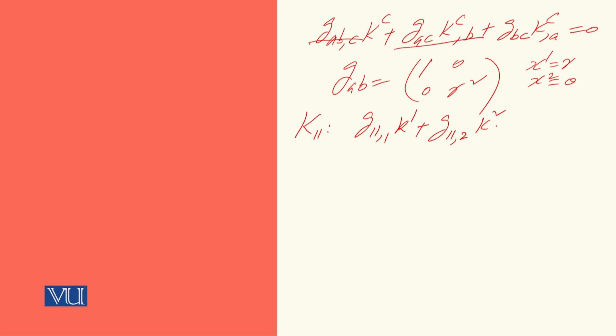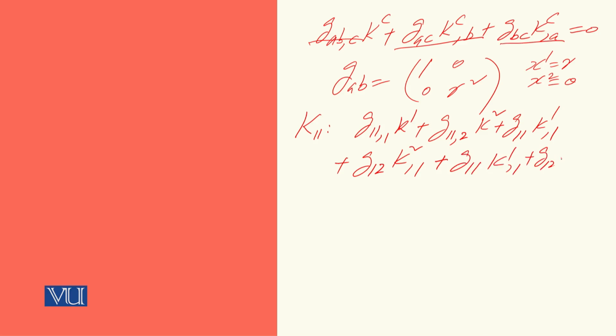Here we take plus G11 comma 1 plus G12 k2 comma 1. Next, the third term, G11 k1 comma 1 plus G12 k2 comma 1 is equal to 0.